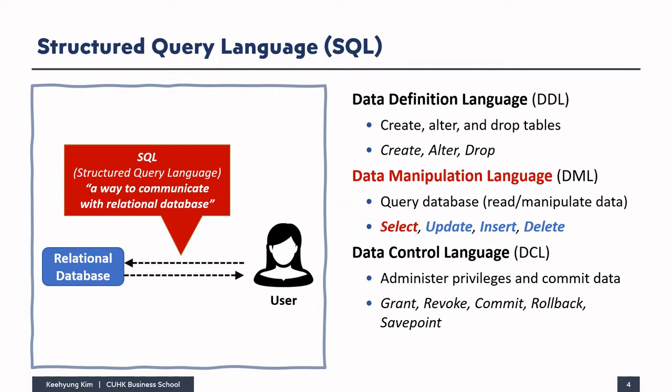The first one is data definition language, which is about how to create, how to alter, and how to delete tables. I'm not going to talk too much about that today. I'm going to briefly talk about that next week. But the thing is that DDL is actually not used that often because it's only used in the beginning when you implement a database system, and later once your database exists, you will not use it often.